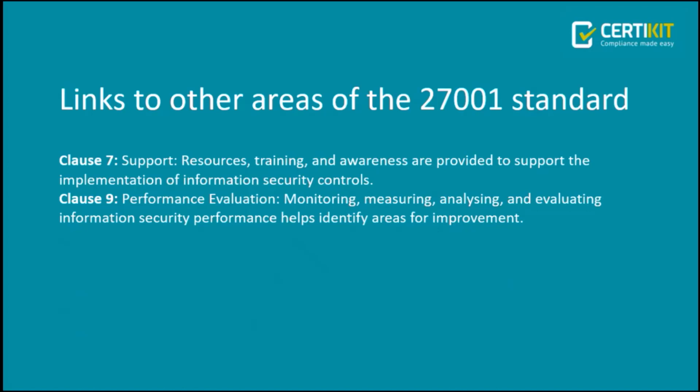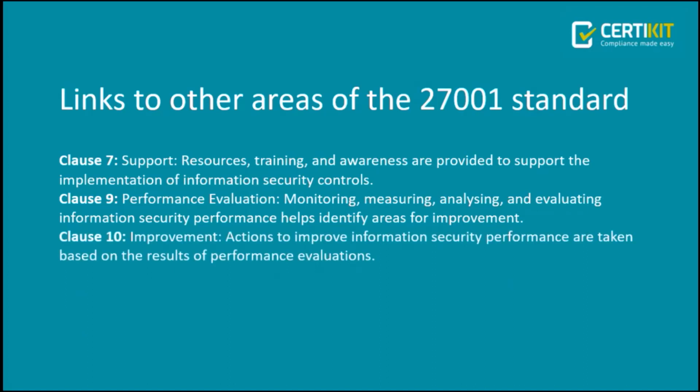Are you monitoring your objectives? All that is fed into clause 9, which then feeds into the management review meeting, which is in clause 9. And then last but not least, clause 10, improvements, action to improve information security performance. And these are taken based on the results of clause 9, monitoring and measurements, clause 9.2, internal audits, clause 9.3, management review meeting.